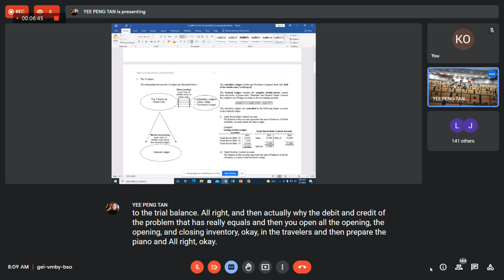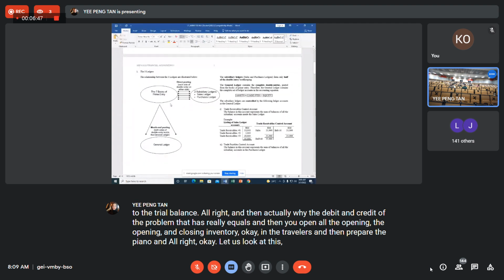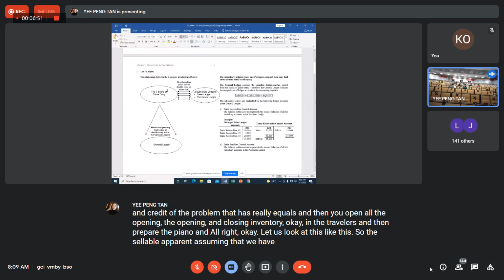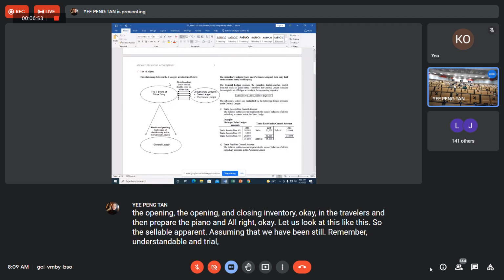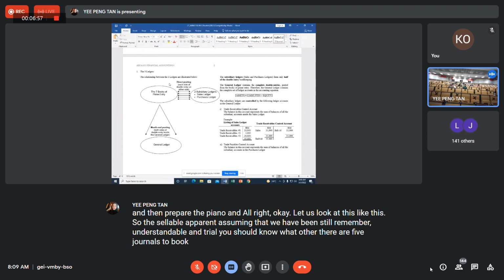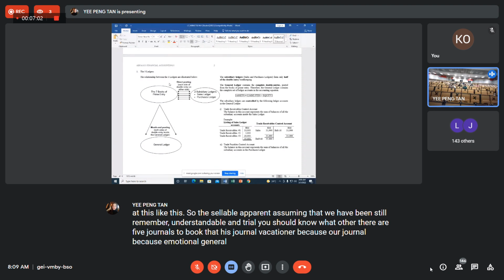Let's look at these ledgers. The 7 books of prime entry, assuming we have finished, you still remember what they are: 5 journals and 2 books. Sales journal, purchase journal, return outwards journal, return inwards journal, general journal, cash book and petty cash book. You have to remember these 7.